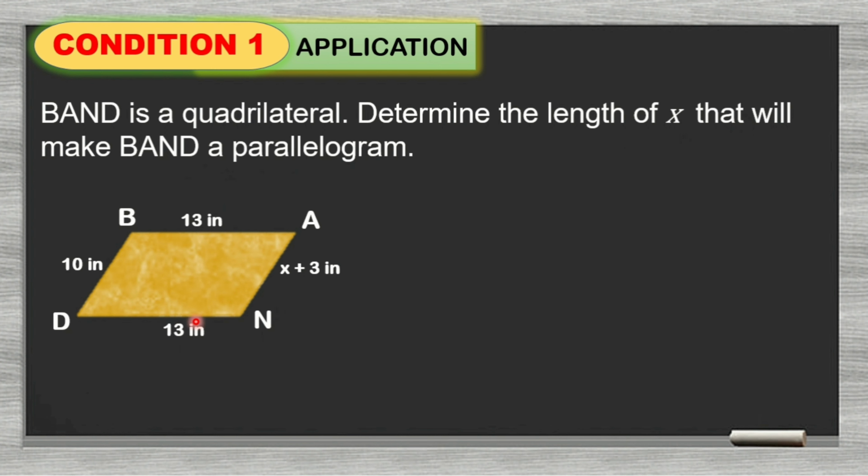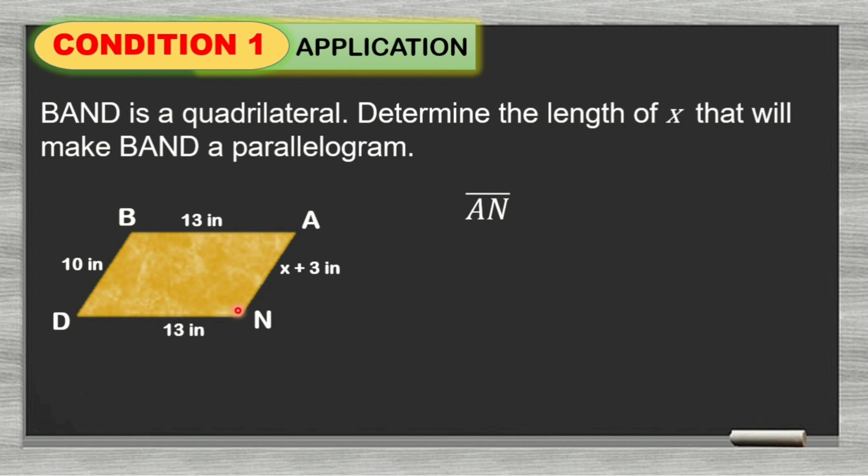So, this time, involved na ng variable. So, ganun pa din ang proseso na gagawin natin. Copy muna natin yung part na may unknown. At dahil ang hinahanap natin ang value ng x at ito ay nasa part ng side AN, yun muna ang isusulat natin. Okay, so side AN. Then, next naman, saan siya congruent na part?